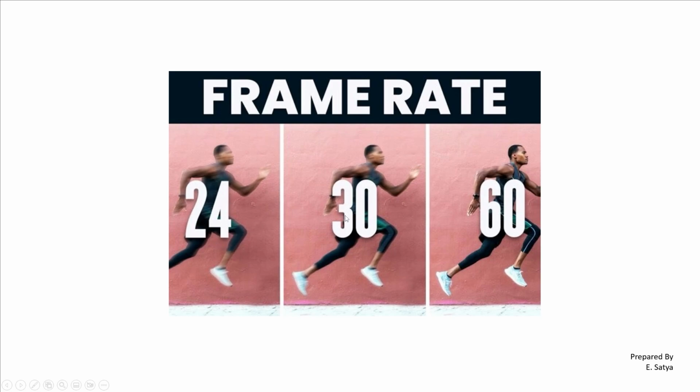Here we are recording at 30 frames per second, and now we are getting more quality. At 60 frames per second, 60 frames are moving each second, so it records a very close, sharp and detailed picture. That is the difference between 24, 30 and 60 frames.